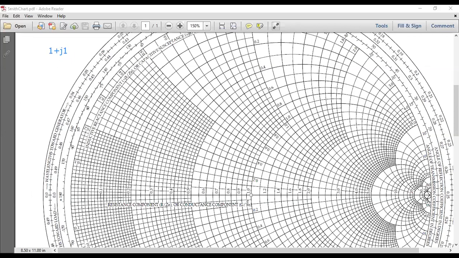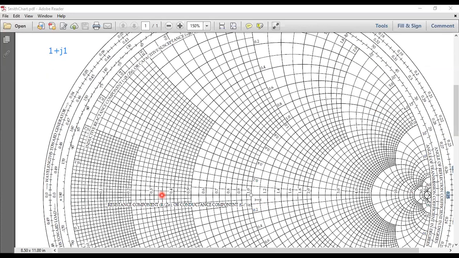If you see these lines here, suppose I say 1. What is the value 1 here?